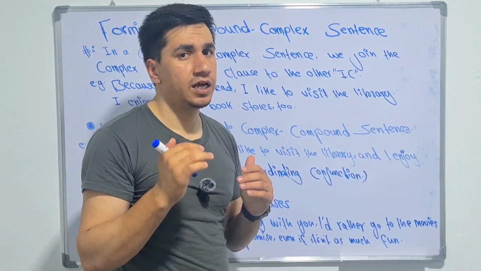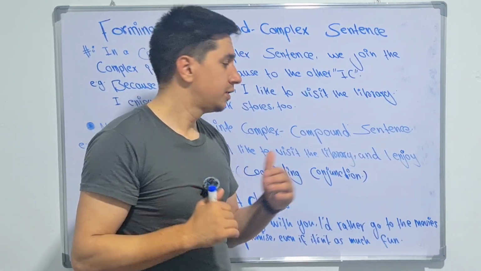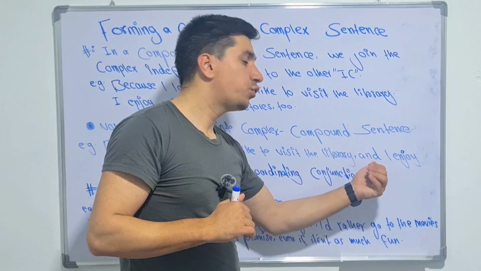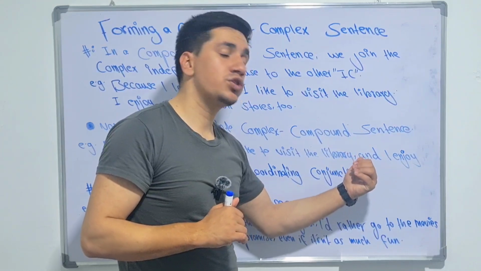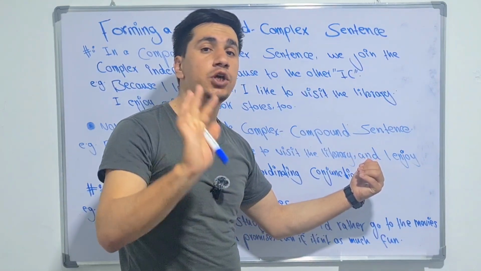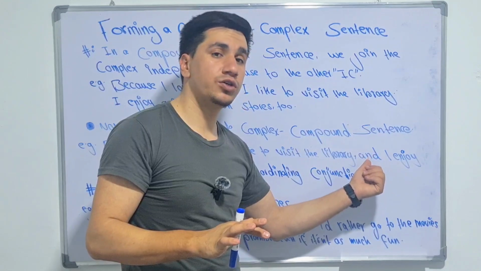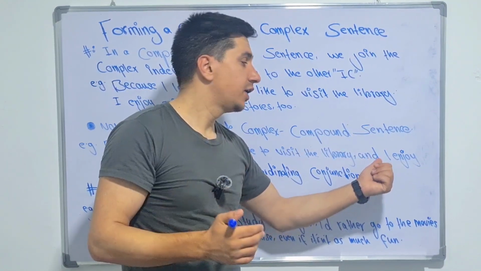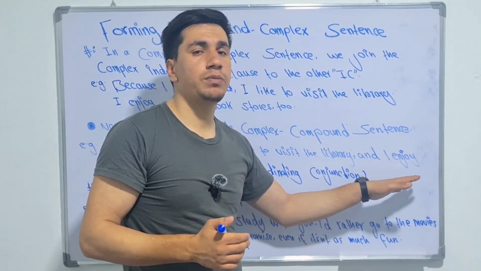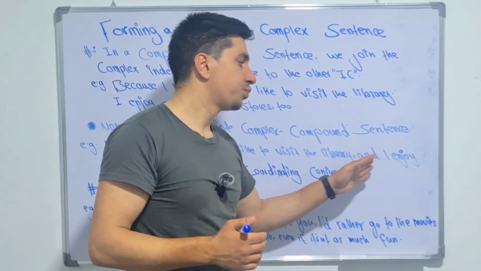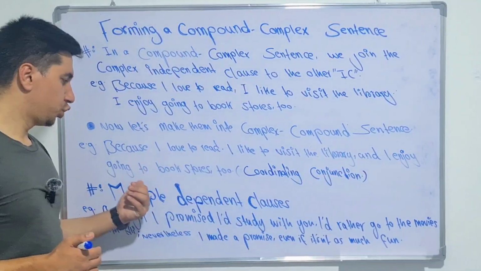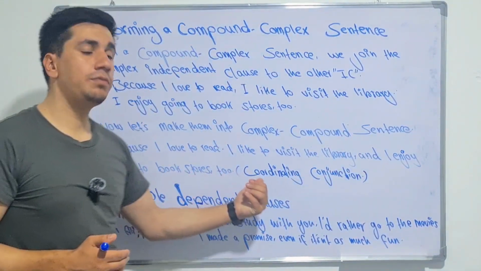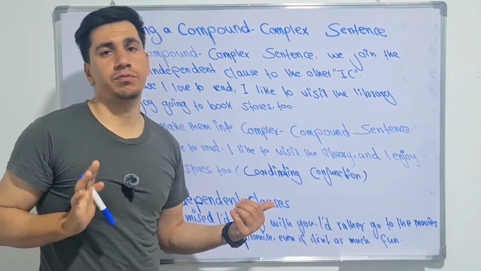Simple and easy. I've already explained it previously. First we add the semicolon, then our conjunctive adverb additionally, then a comma, and then the sentence will be completed: additionally, I enjoy going to bookstores too. We call this the conjunctive adverb.